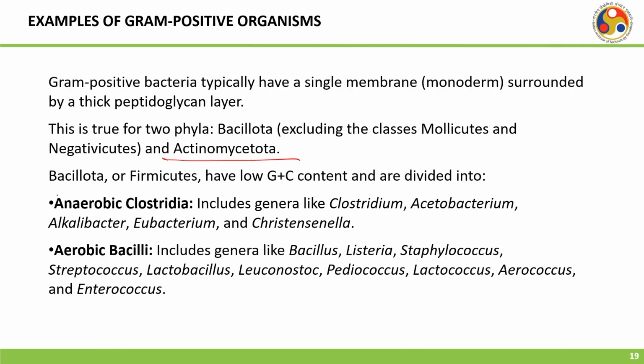In Bacillota, or Firmicutes, we have very low GC content, and this can be divided into anaerobic Clostridia and aerobic bacilli. The anaerobic Clostridia contain genera like Clostridium, Acetobacterium, Alkalibacter, Eubacterium, and the aerobic bacilli contain genera like Bacillus, Listeria, Staphylococcus, Streptococcus, Lactobacillus, Leuconostoc, and so on.